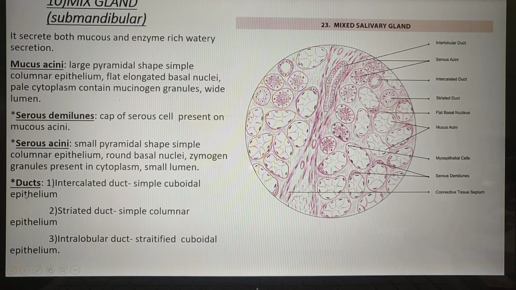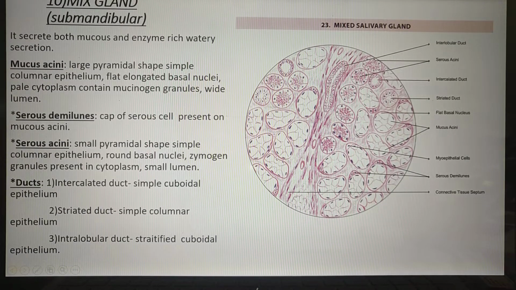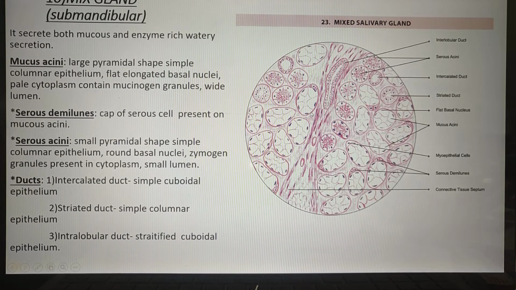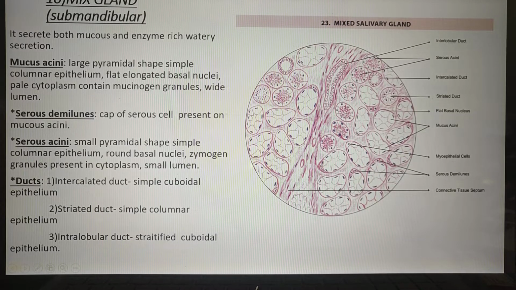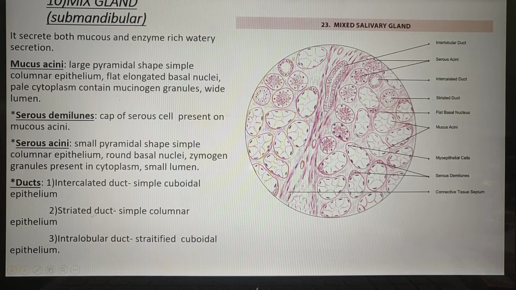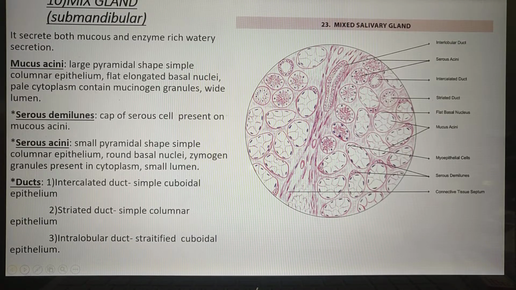There is an intercalated duct, which is lined by simple cuboidal epithelium. This is the interlobular duct, and here you can see the intercalated duct. The striated duct is lined by simple columnar epithelium, and the interlobular duct by stratified cuboidal epithelium.